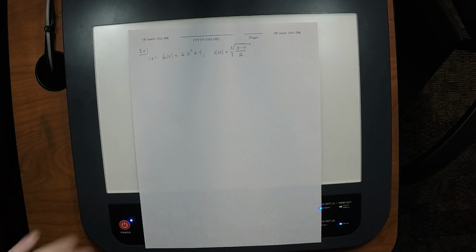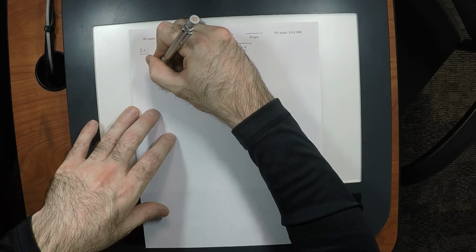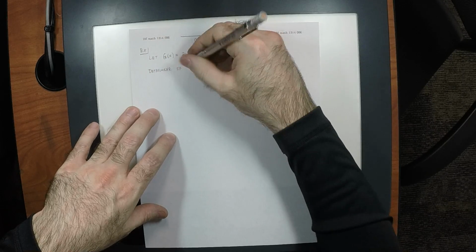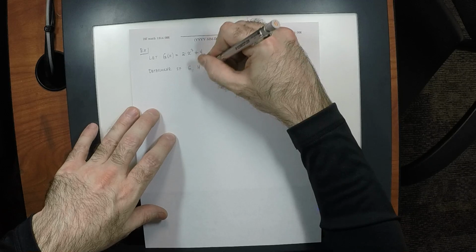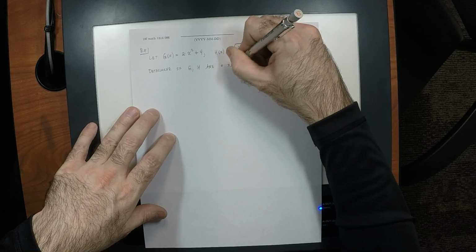All right. So the request is: determine if G and H are composition inverses?